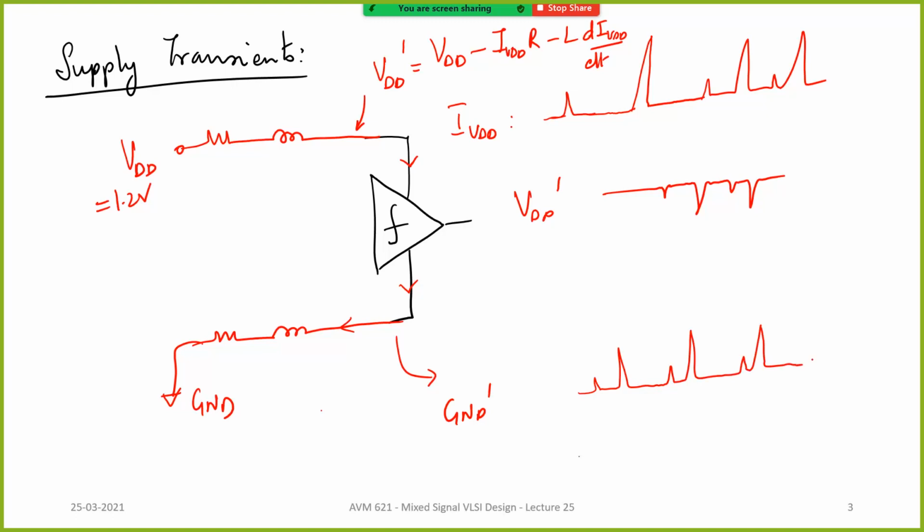Okay, and in addition, of course, if there are other blocks which consume a constant current, you will have some additional constant offset also. Okay, so this is what is called supply transients. This is sometimes called ground bounce. That is to say that your ground is actually not a constant 0 volt ground. Your ground is actually going to bounce around.